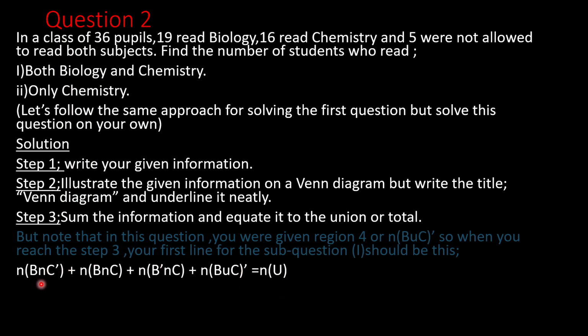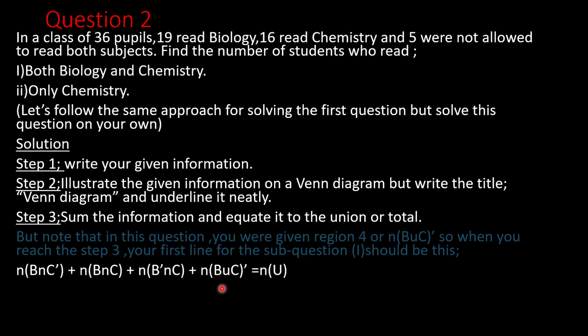B intersection C complement means number of B only. So number of biology only plus number of B intersection C, which is the intersection, so both biology and chemistry is the B intersection C. So B only plus the intersection plus number of B complement intersection C, which is C only, plus number of B union C complement. This is the region 4.